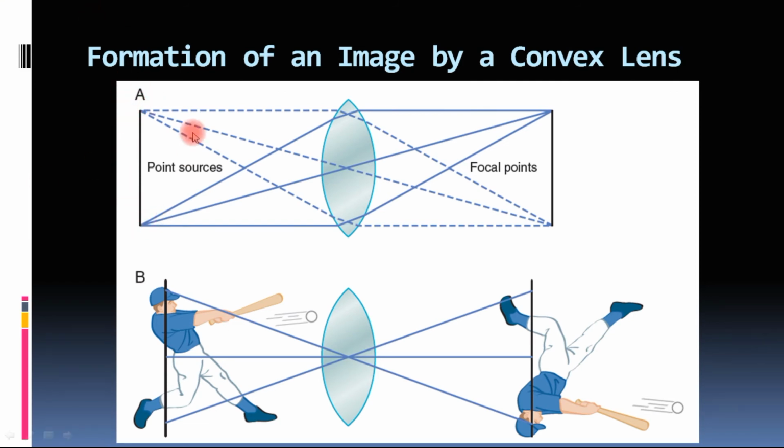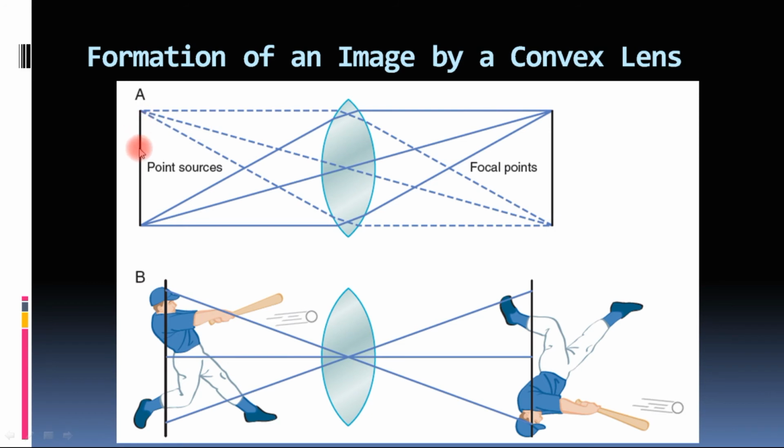The light rays arising from the top of the object travel through the lens and come to the focus at this point. As you can see, the light rays falling at various angles will be focusing at this point.